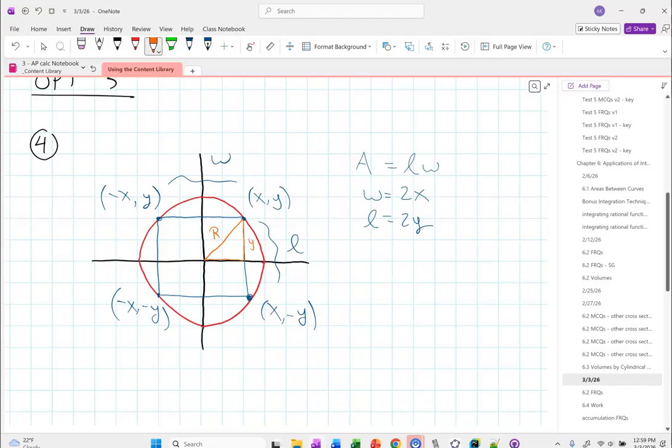This is y, this is x. So I make a right triangle here. So this would allow me to rewrite x or y in terms of the other variable and this constant r. Does it matter which one I choose to get by itself, x or y? Not a bit. I'm going to use x's.